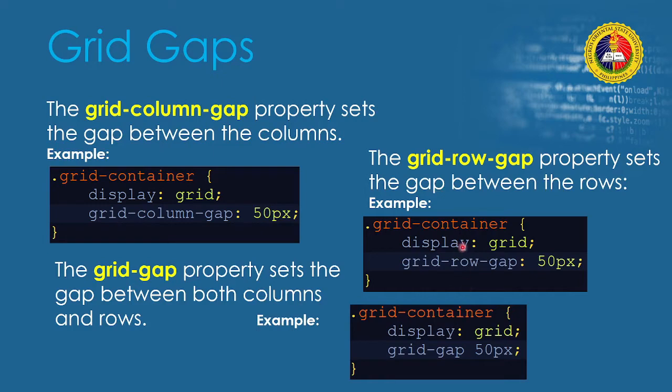Same thing, but this time it will only set the gap between the top and bottom of each row. And if you want to set both the column and row, then we just have to use grid-gap. It will automatically give us the right amount of gap for both the columns and rows.